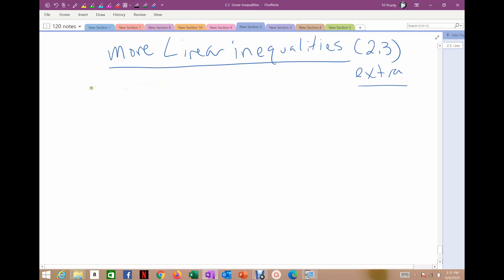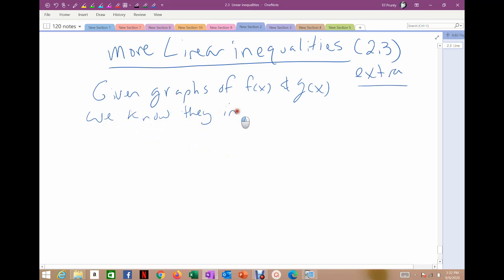The first one is going to be, I'm going to give you a graph. So if we're given the graphs of f of x and g of x, which I'll graph here in a second, we know they intersect at 8, 7.